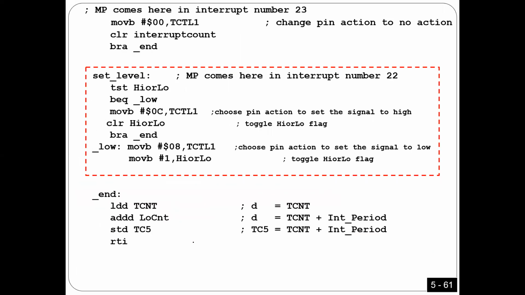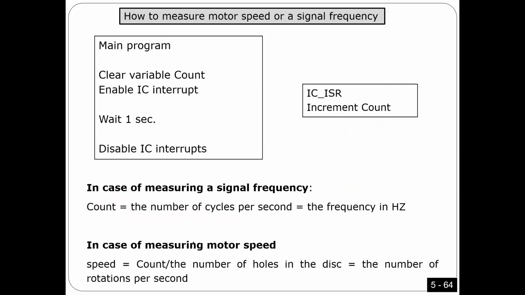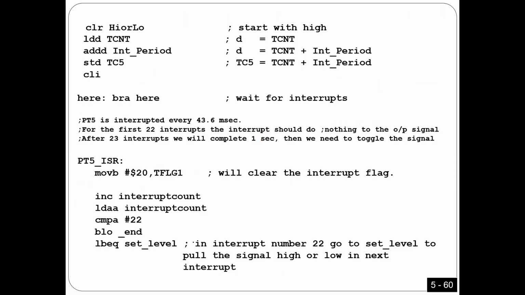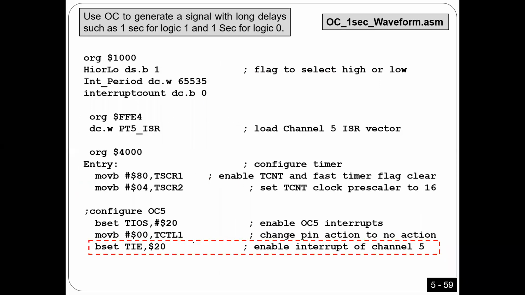The last thing in this chapter, guys, I'm going to explain this program. I'm going to tell you what the main idea of this program is. It's also a very interesting program. Look here, guys.